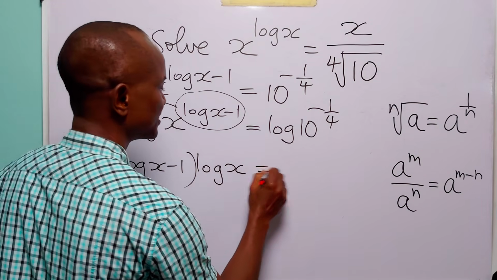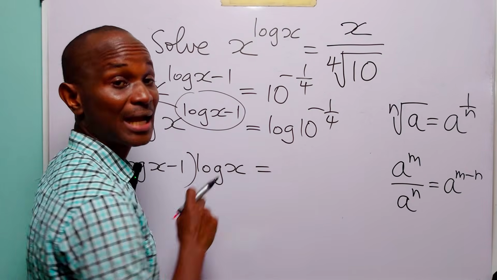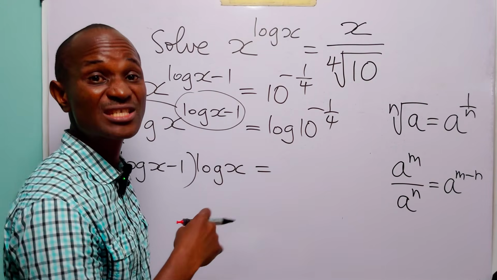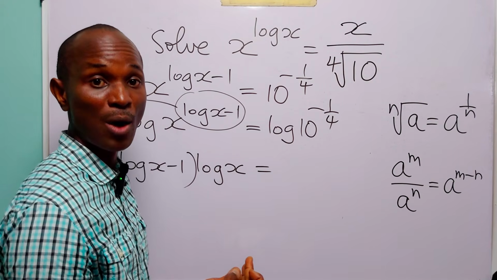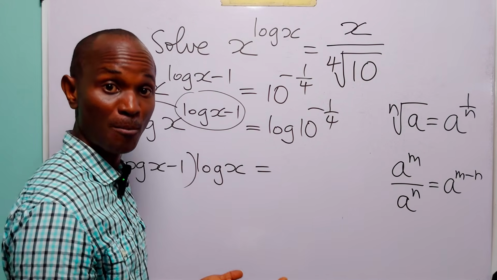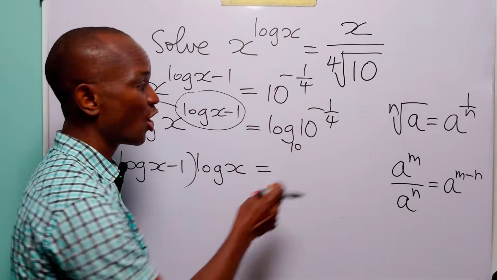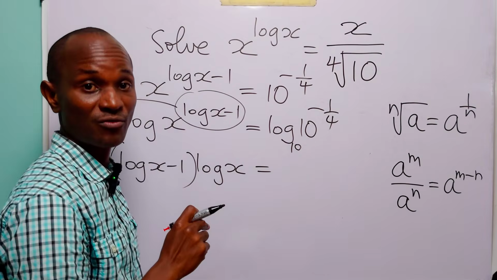log x is equal to, now look at this and remember that when we write log without specifying the base, it means we are working in base 10, common logarithms. So this is basically log to base 10 of 10 to the power minus 1 over 4.